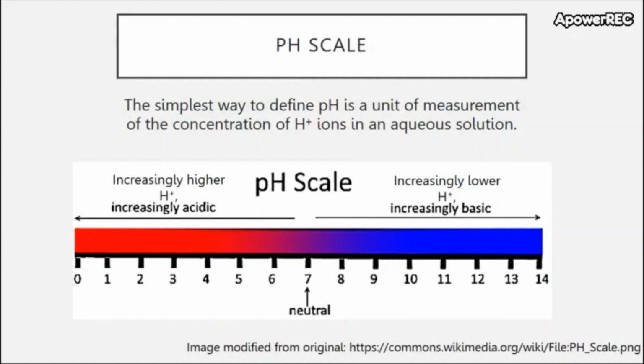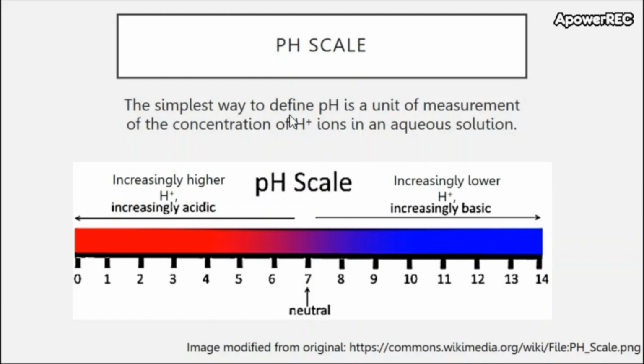Now, next on the list is pH. First, let's talk a bit about what the pH scale is and what pH is. The simplest way to define pH is a unit of measurement of the concentration of protons or hydrogen cations. Here, protons that are positively charged in an aqueous solution.